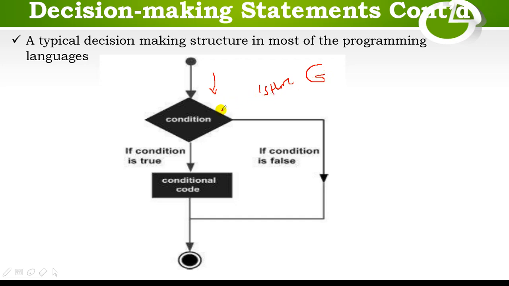If the condition is true, that means that there is gari, so he will buy you gari. And if the condition is false, that's all. So he will buy the gari if there is gari. That's a decision, and that is what we are saying.